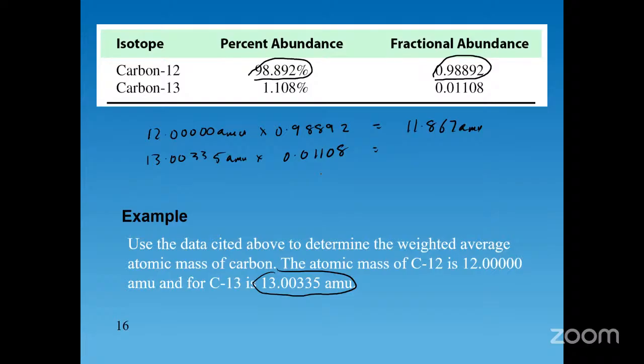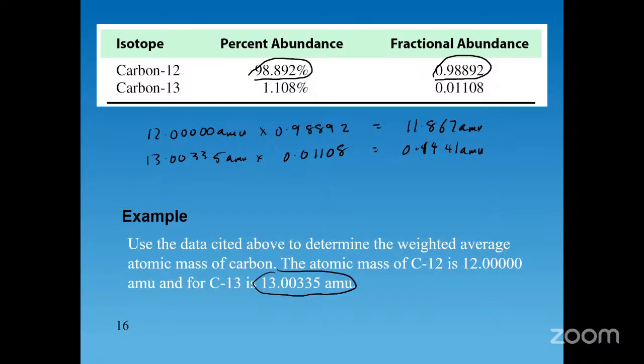And then for this one, 13.00335 times 0.01108. And according to my calculation, in this case, I have to round off to 4 sig figs, so that would be 0.1441 AMU, all right?